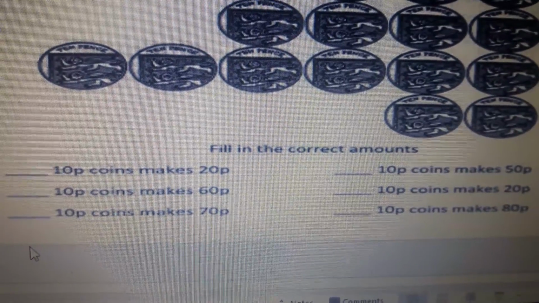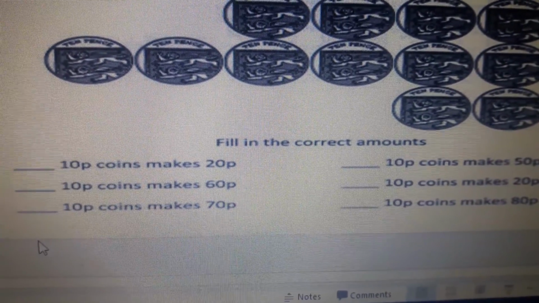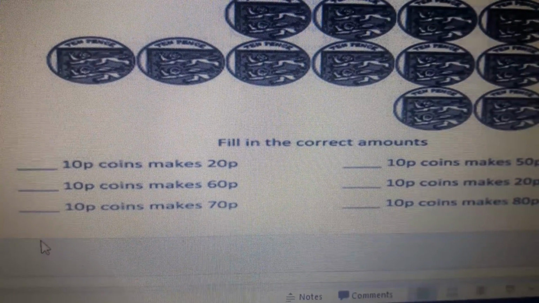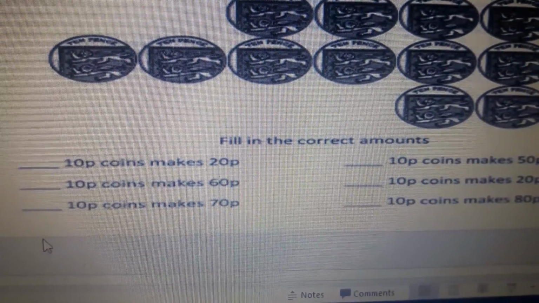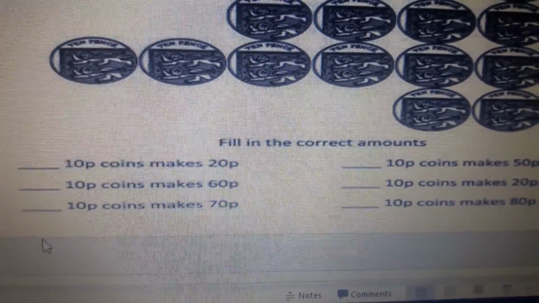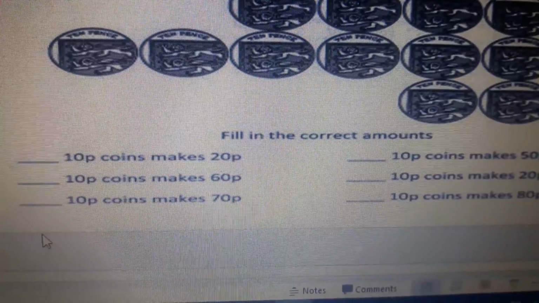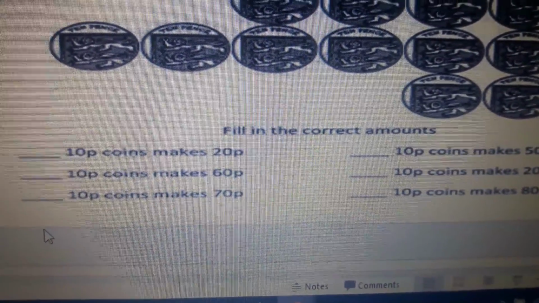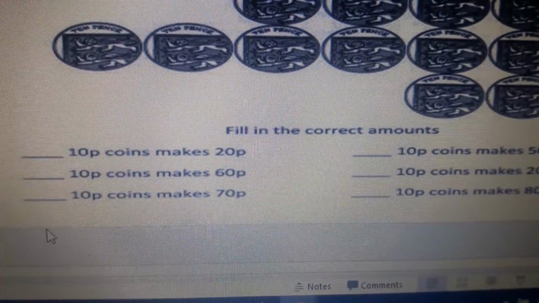Fill in the correct amount. Okay, we have 10 penny coins makes 20 penny. He wants to ask me how many coins in 20 penny.